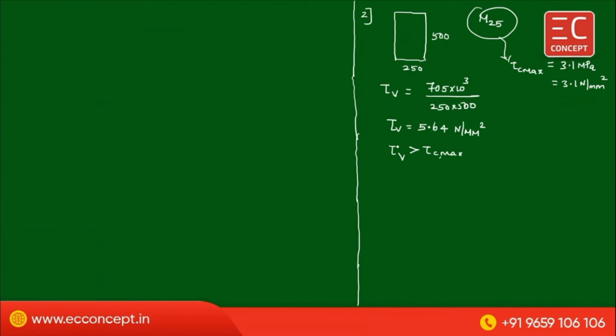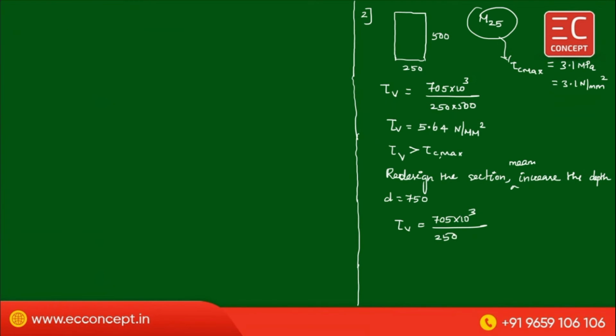Then what can we do? Redesign the section. Redesigning the section means you have to increase the depth. So let us take D is equal to 750 for example. Then tau V is equal to 705 into 10 raised to 3 divided by 250 into 750.